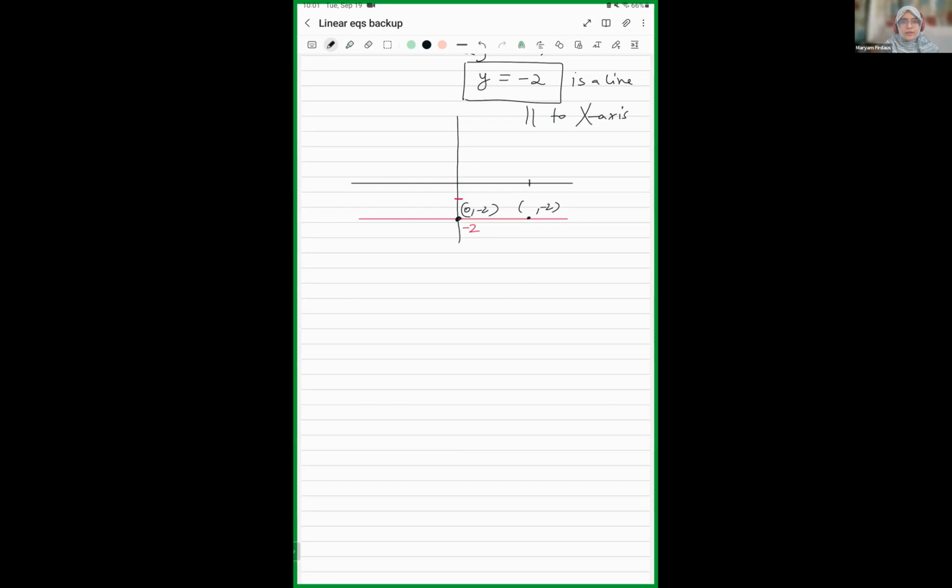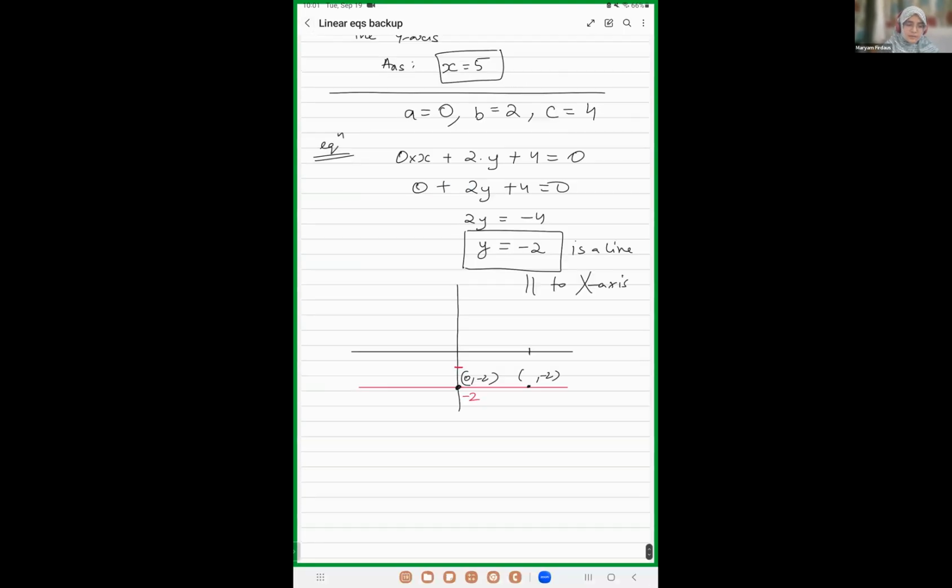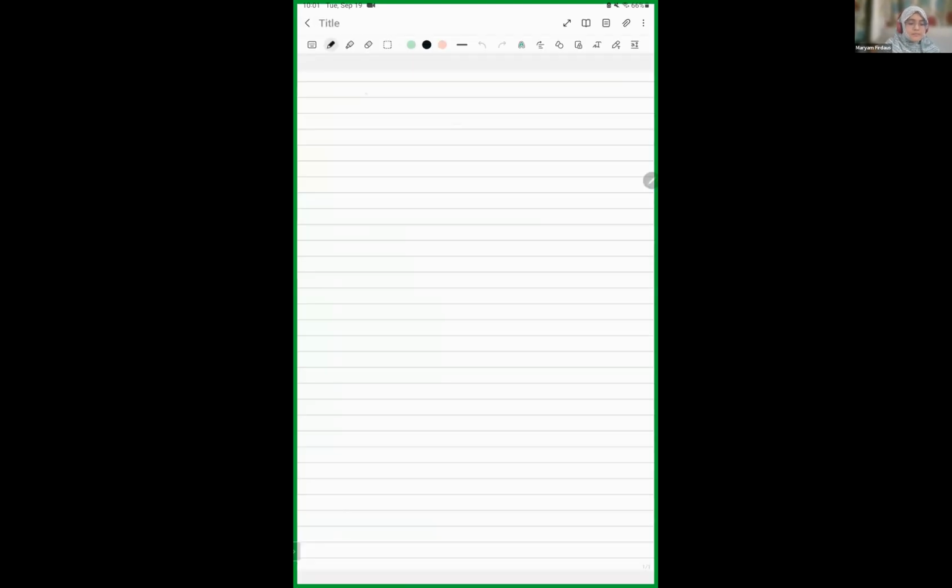Now let's go to the next chapter, which is the second one, which is polynomials. Just now we studied linear equations, and polynomials we discussed in the previous class as well. Does anyone remember what is a polynomial? Ma'am, anything which has 5 numbers? Not necessarily.